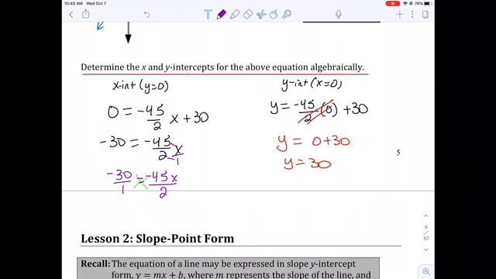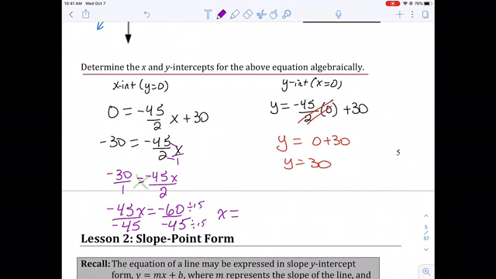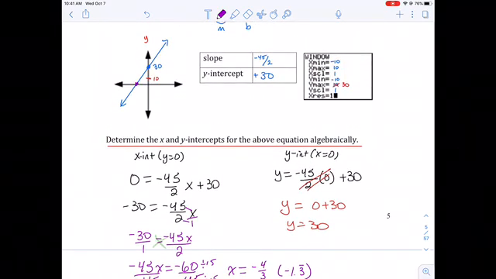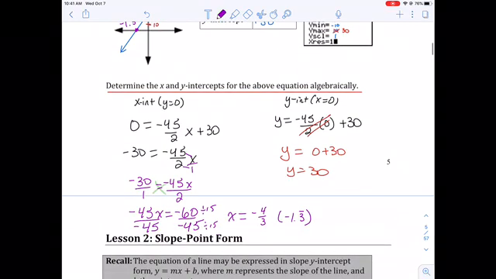So -45x times 1 is -45x, and -30 times 2 is -60. And when we divide both sides by -45, 60 divided by -45, I believe that is divide by 15, so that's -4/3. As a decimal, that would be -1.3 repeating. So that would be right here, -1.3. And so there we have it.